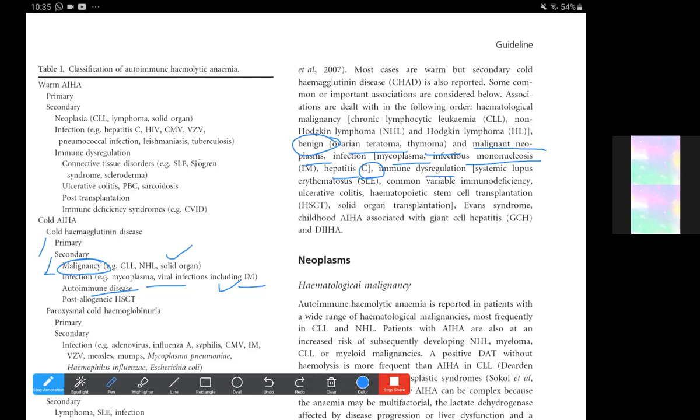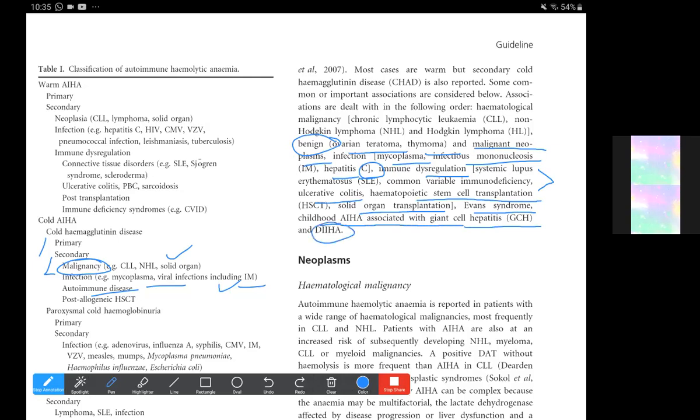The immune dysregulation can occur both in autoimmune disease like SLE, Sjogren's syndrome, and scleroderma, and also with common variable immune deficiency. Then also in ulcerative colitis and following hemopoietic stem cell transplantation, and also with solid organ transplantation, in which case we have to rule out passenger lymphocyte syndromes. Then Evans syndrome, and in childhood, autoimmune hemolytic anemia associated with giant cell hepatitis.